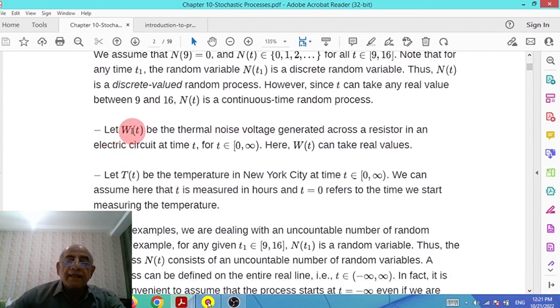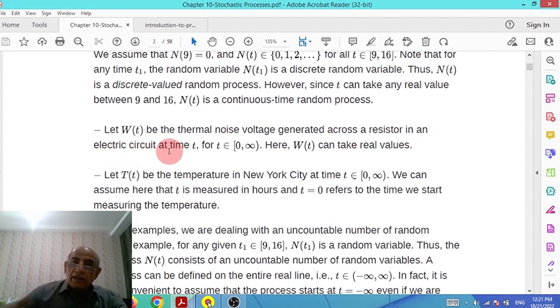Another example: let W be the thermal noise voltage generated across a resistor in an electronic circuit.